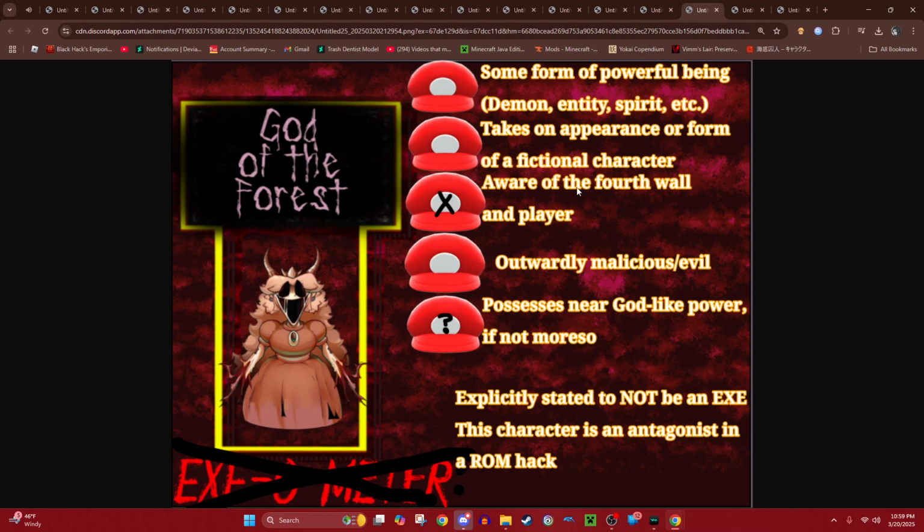Fourth hat, are they outwardly malicious or evil? Yes. Forest King, which, yes, that's the Pillar Chase name. I'm using the Pillar Chase name. I believe they have shown aggression many times. They are outwardly hostile and will attack. Fifth hat, do they possess near godlike power, if not more so?